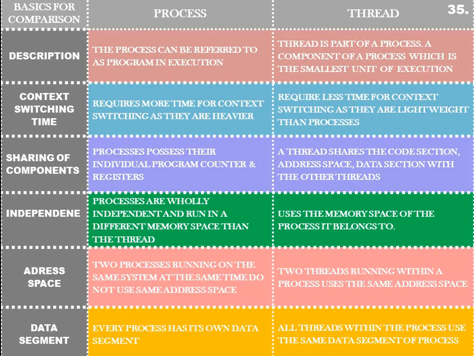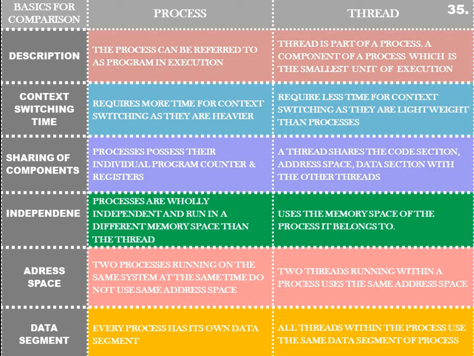They maintain their individual program counter, their individual registers, and their separate memory space. Processes do not share their memory space among them, while threads share each and every thing among them.